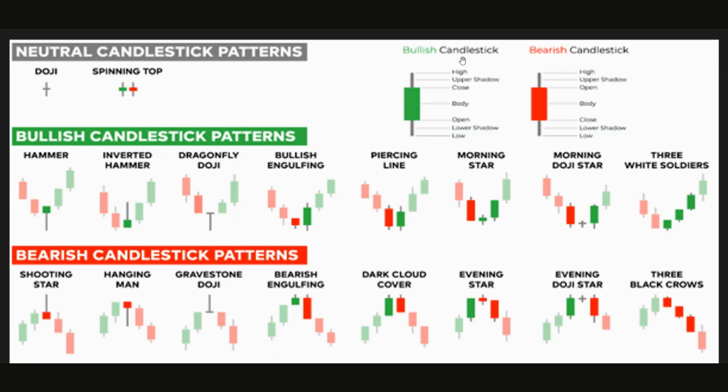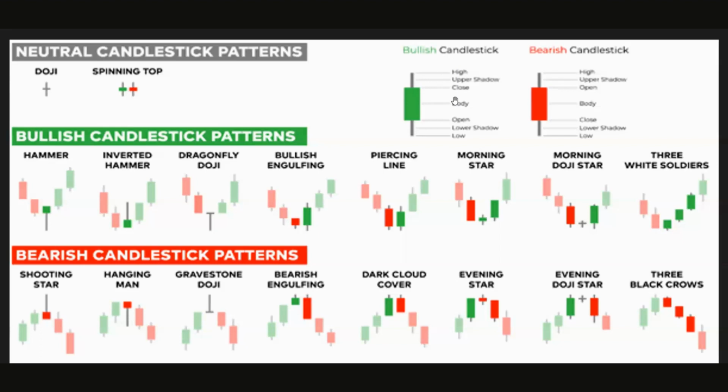If we're looking at a bullish candle, remember the bullish term means that we're in an uptrend or that there are more buyers, whereas bearish is more sellers or we're more in a downtrend.